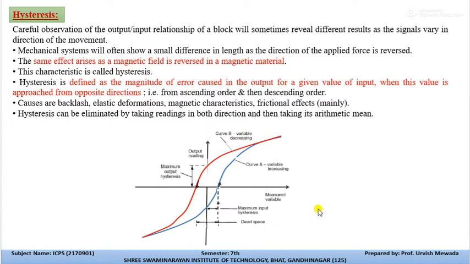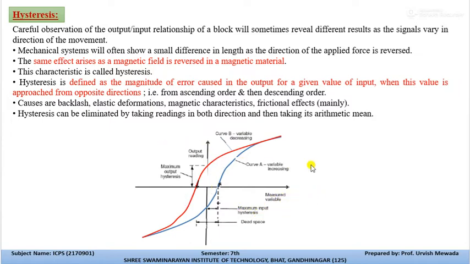But suppose you give supply to that instrument, there is a residual magnetism inside that magnetic material, and due to that hysteresis loss the field will get reversed in the magnetic material, and because of that an additional flux will be produced, which will oppose the main flux, so the instrument responds improperly or inadequately. So that is called the hysteresis.